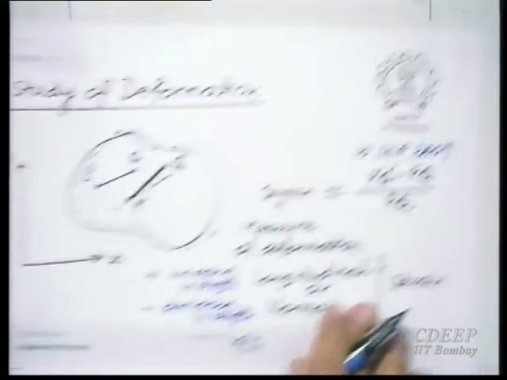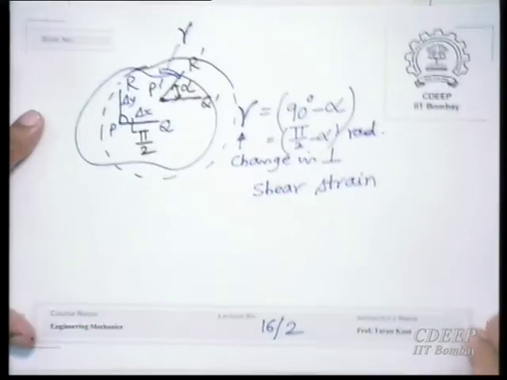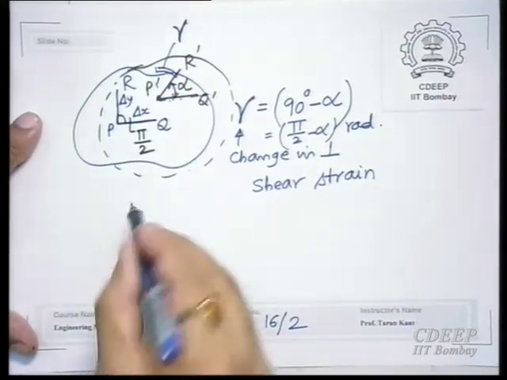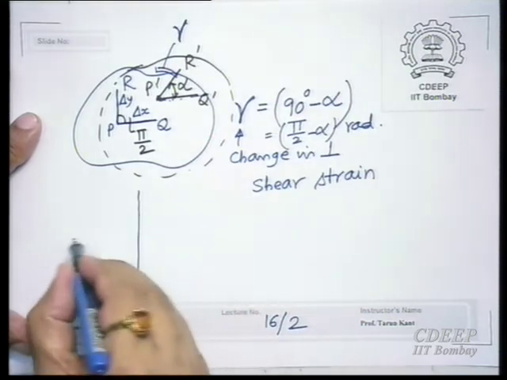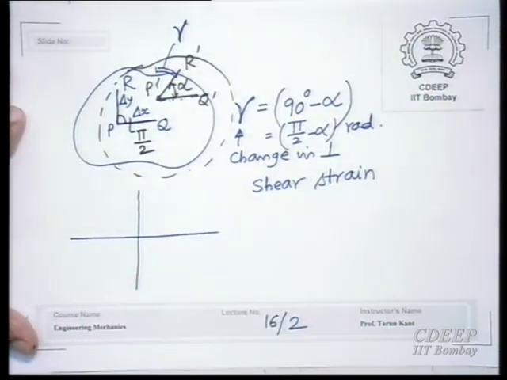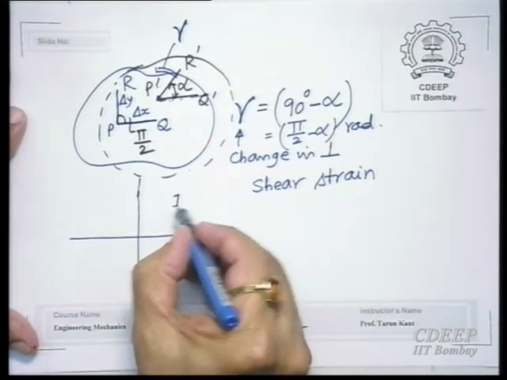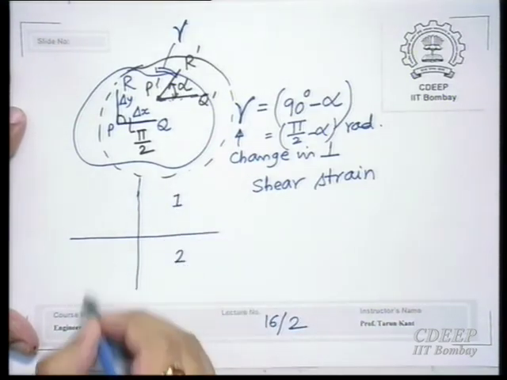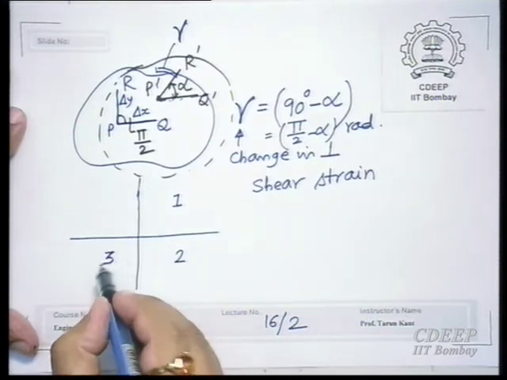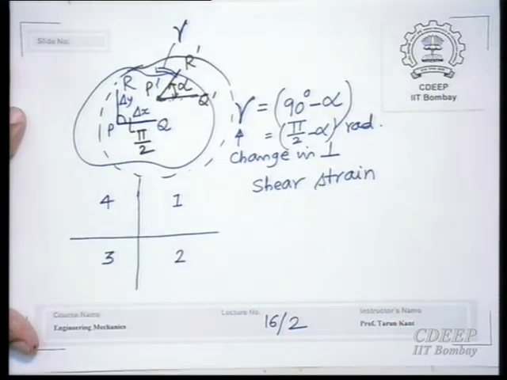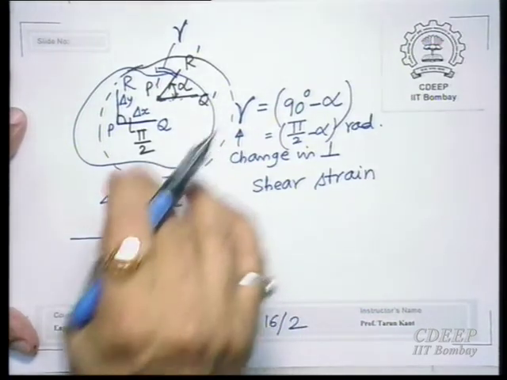So this will be the sign convention. What about this angular change? Angular change, I will just give you a simple thumb rule. You always have 4 quadrants. So if your first quadrant, this is first, we write like this 1, 2, 3, 4. 4 is this.